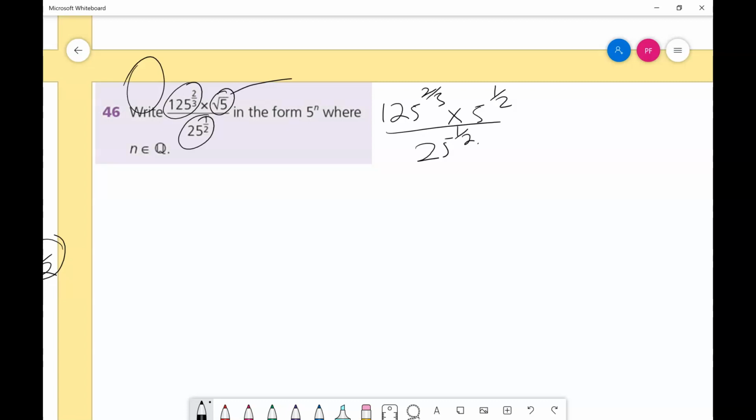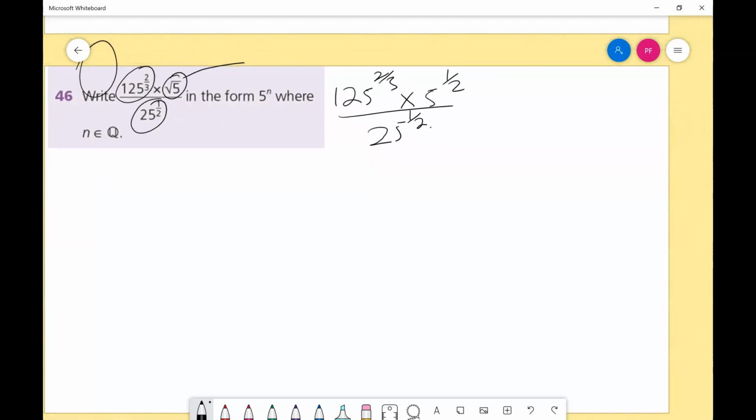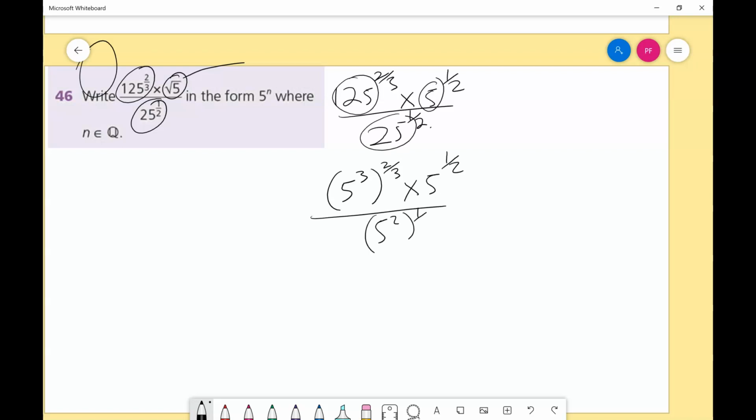Okay, now I want to get them all in terms of the same base number, so I can multiply them and divide them. 125, well, I know that's 5 to the power of 3, and that's all to the power of 2/3, multiplied by 5 to the power of a half. I know 25 is 5 squared, to the power of a half.